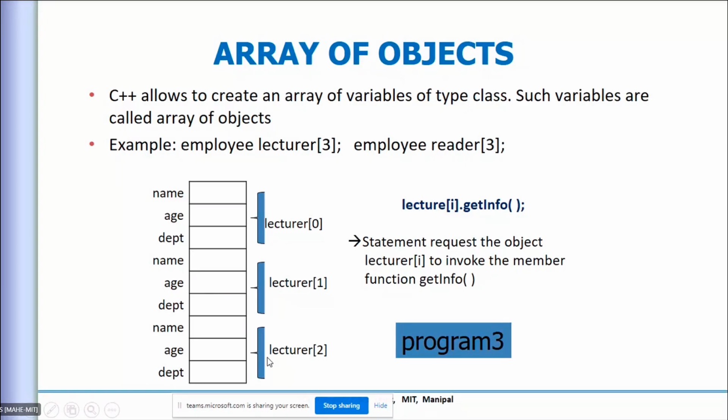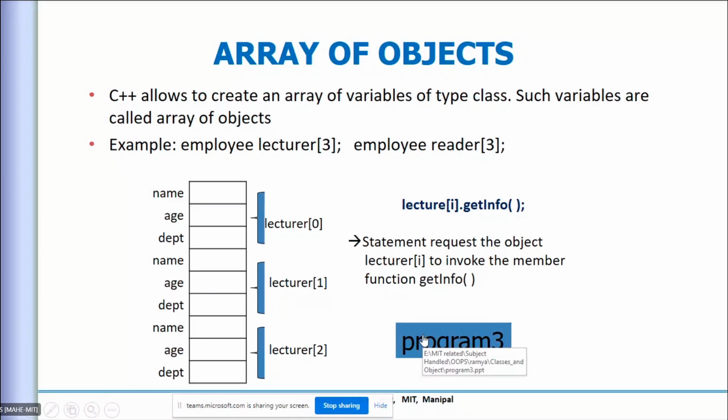This is how memory is allocated for an array. I hope it is clear. When I call lecturer 0, I'm pointing to this particular memory. When I call lecturer 1, this particular group is going to be used. So this is how the data type is being used when I create an array. This concept should be clear to you.